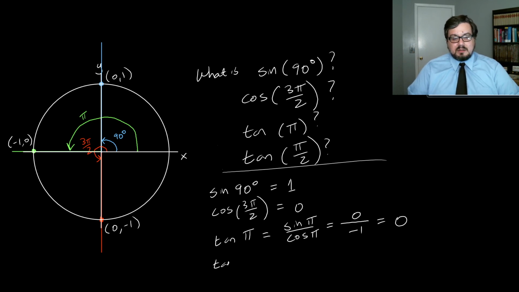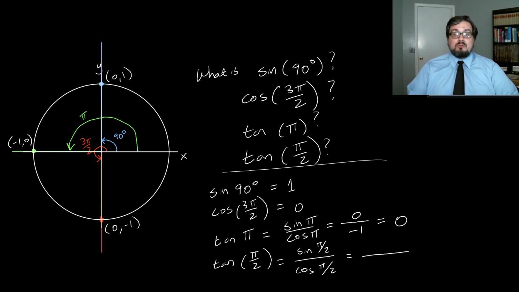Finally, let's look at tangent of pi over 2. Well, this is going to be the same as sine of pi over 2 over cosine of pi over 2. We actually worked out sine of pi over 2 already. We just wrote it as sine of 90 degrees, but that's the same thing. Sine of pi over 2 is 1.